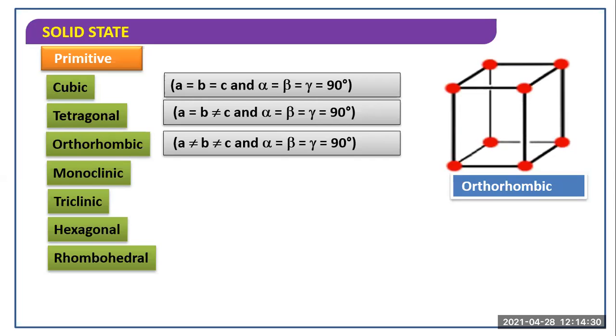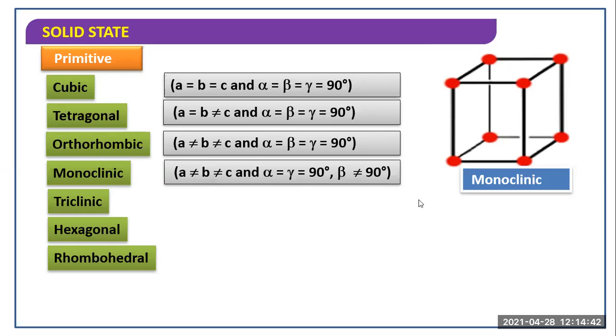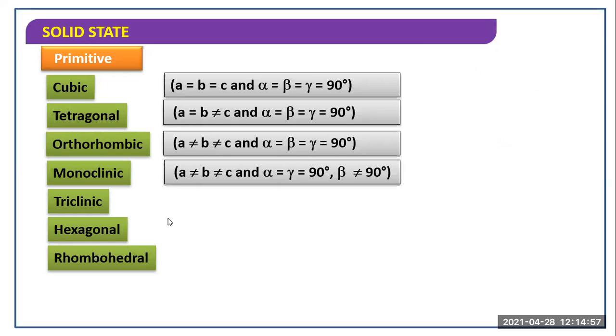Orthorhombic, here all 3 edges is not equal, A not equal to B not equal to C, but angle is same, it is 90 degree. Monoclinic, A not equal to B not equal to C, and alpha equal to gamma not equal to beta. That's the angle is different. All are not 90 degree.